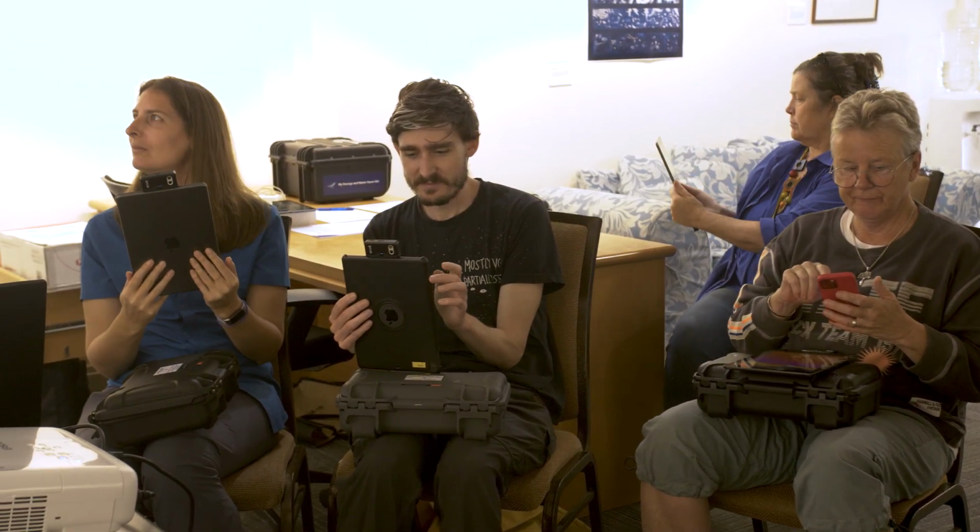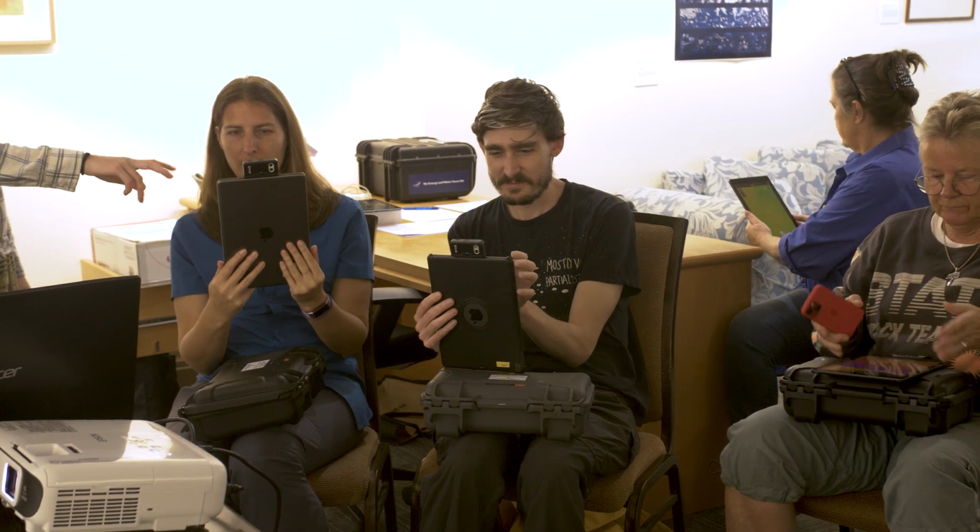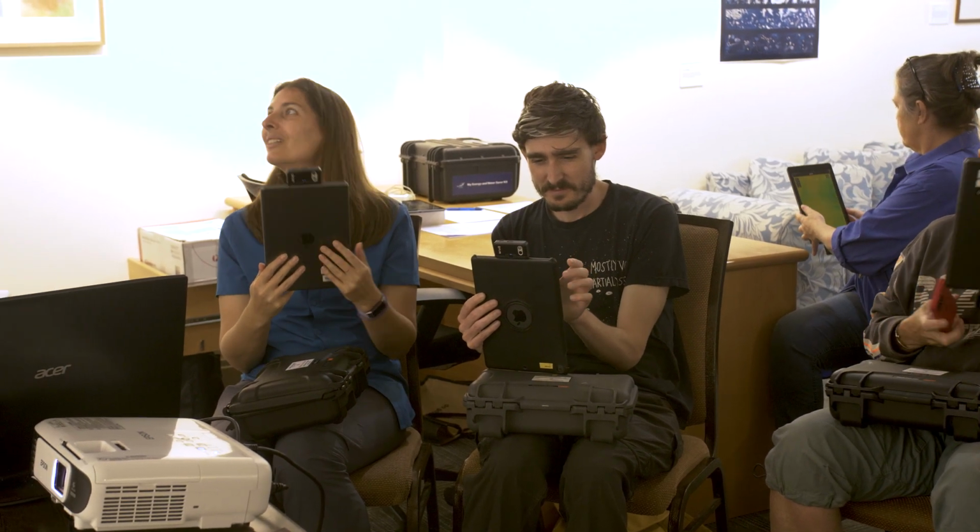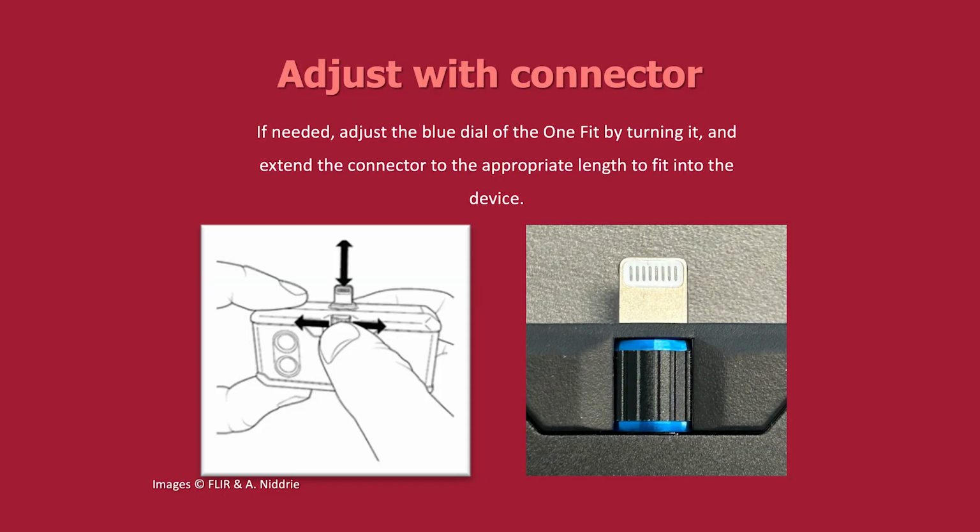The thing that you can see now is simply that you have two images blended, which I will tell you about later. So this is not an issue right now, but in the future, if you take the camera from the library or from here, and you find there's a gap between your camera and the iPad, there is this small dial or knob that you can rotate left and right, and it extends or shortens that connector.